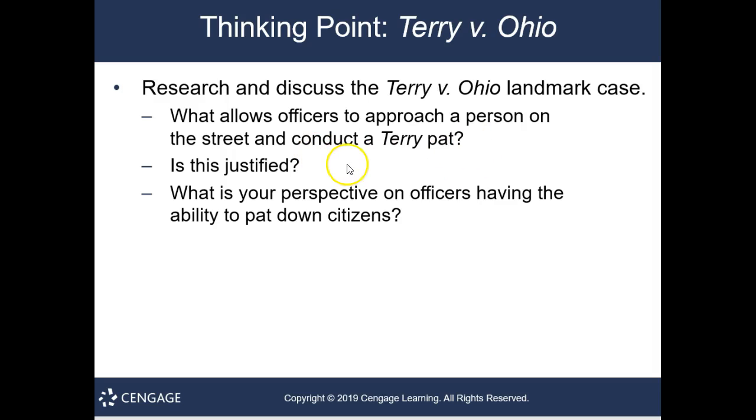So my position has always been that it's very justified, because we don't take away very much from the citizen, but we could end up catching a burglar. This often happens when there's a robbery, let's say, and there's a description of the vehicle.